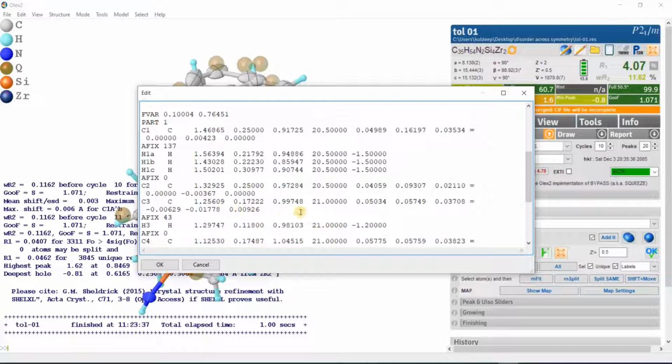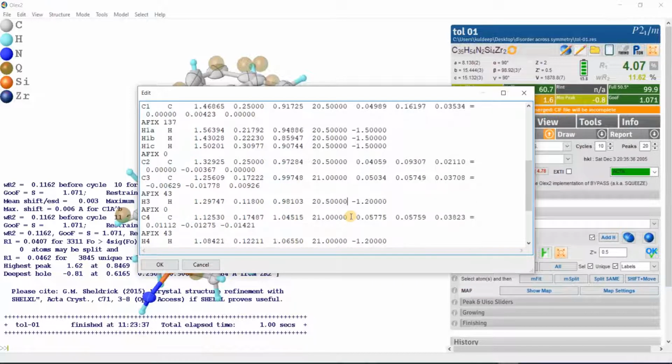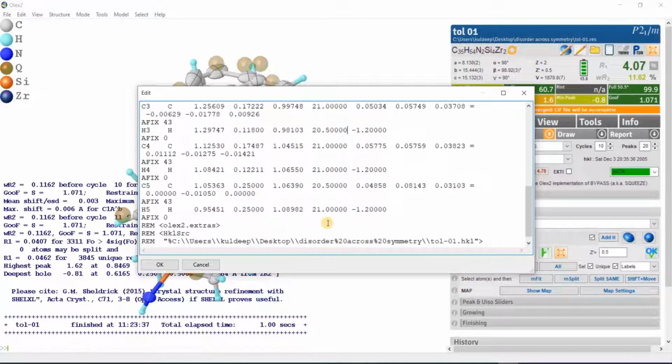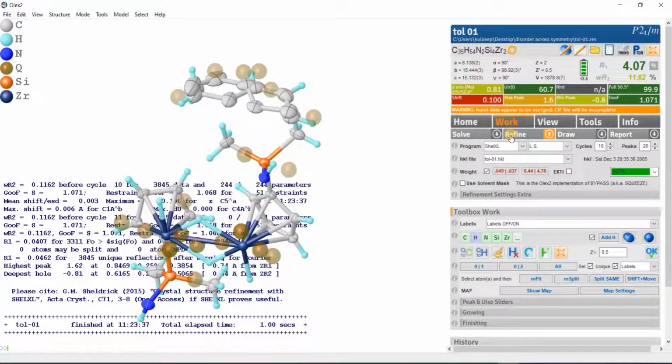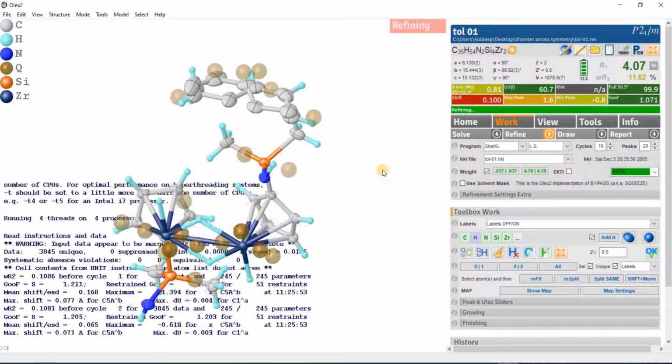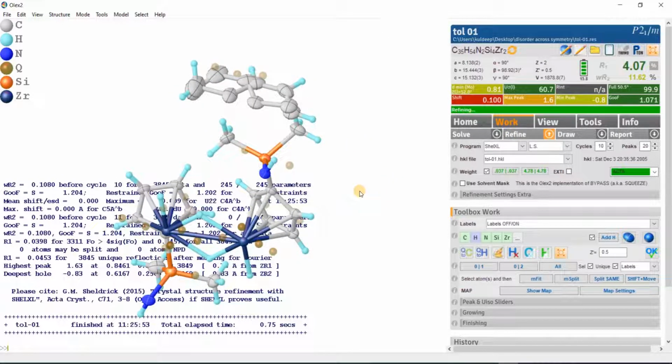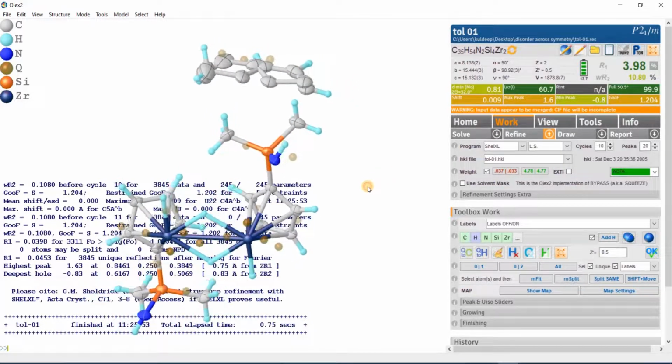This should be C3, so it is 21. C4 should be 20.5, C5 also 20.5. Good. Now I'm going to press OK. I'm going to refine. So I'm getting a situation like this.